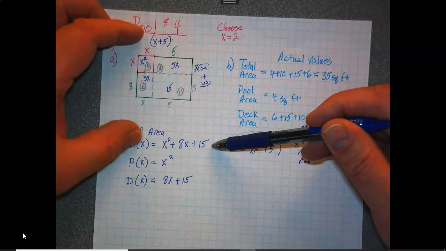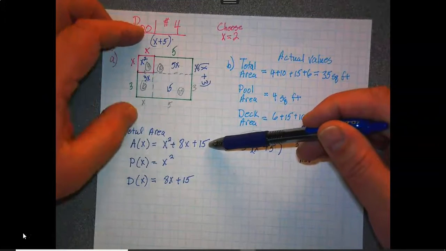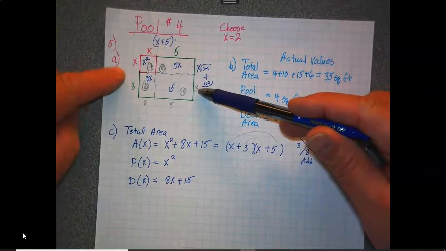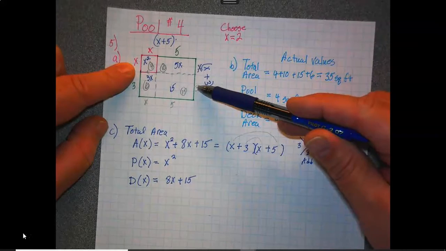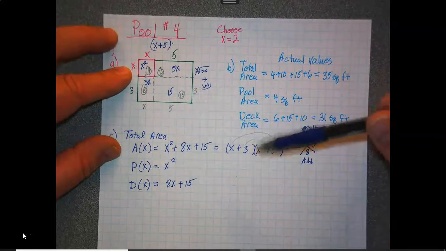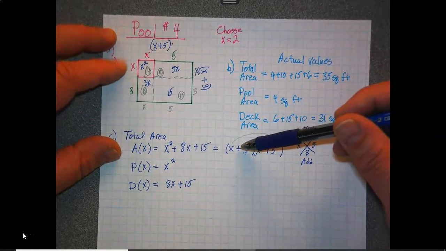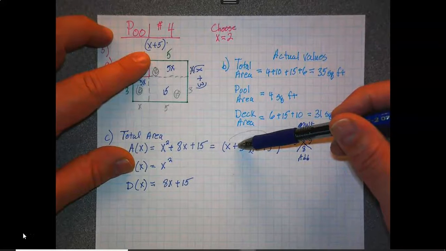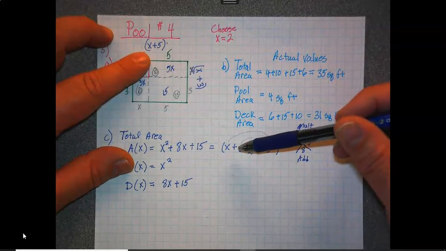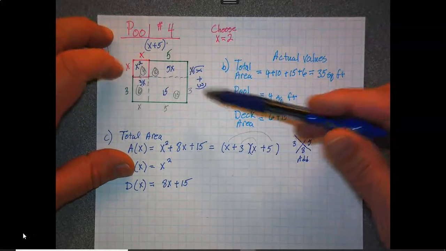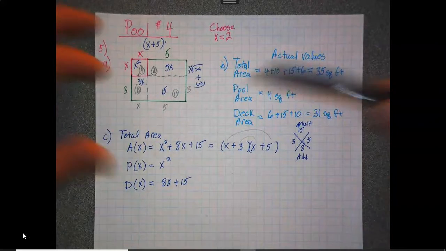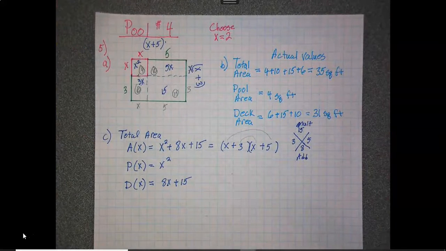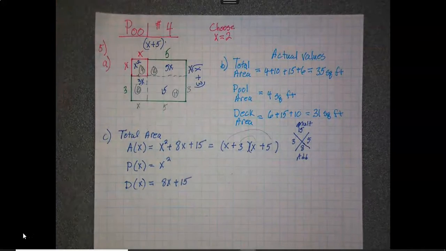A of x equals x squared plus 8x plus 15 represented our pool plus its deck. We learned that the factors actually became the dimensions of the side. I think that's where we left off, right? All right, so let's finish answering the questions.